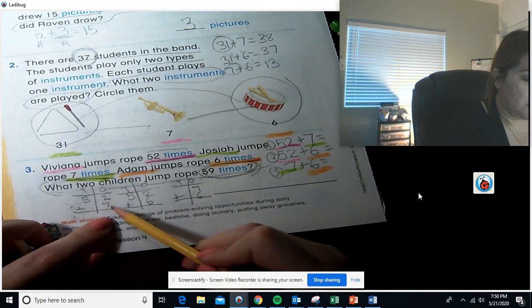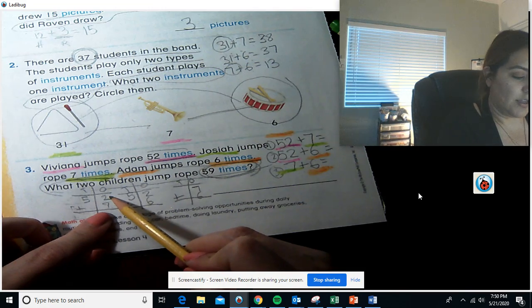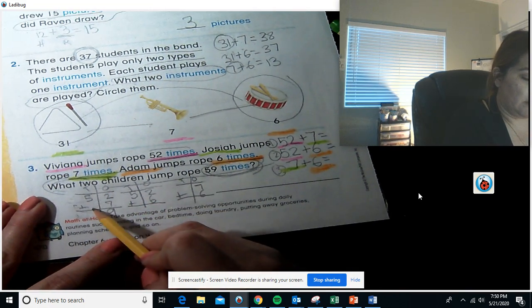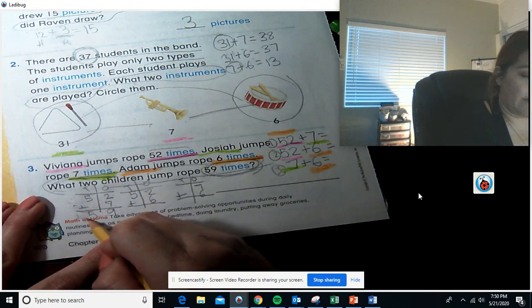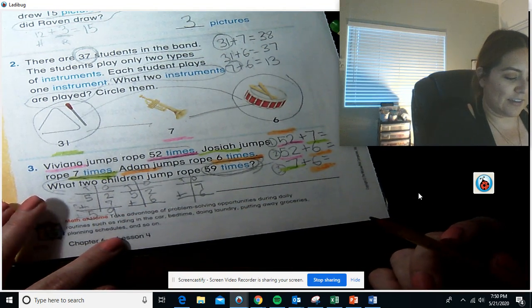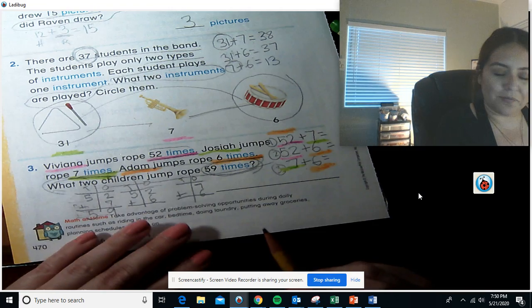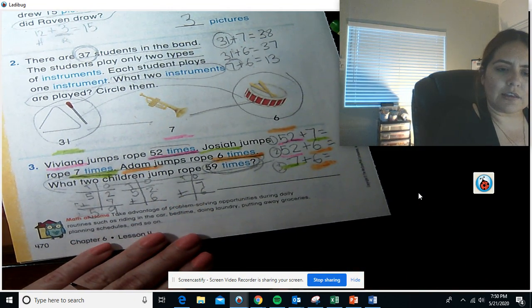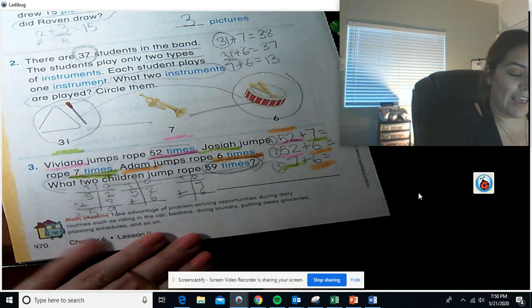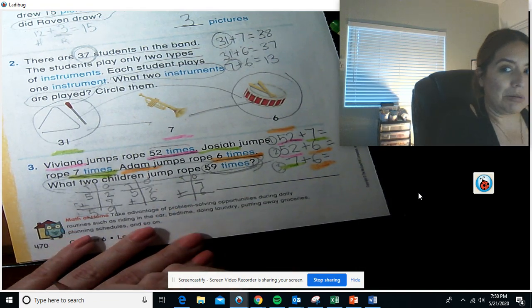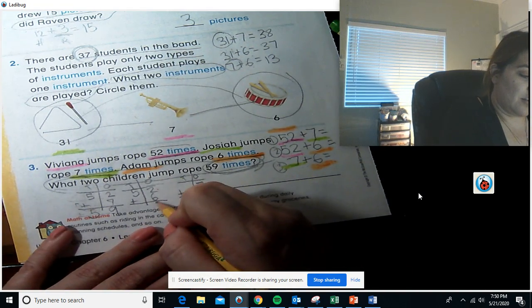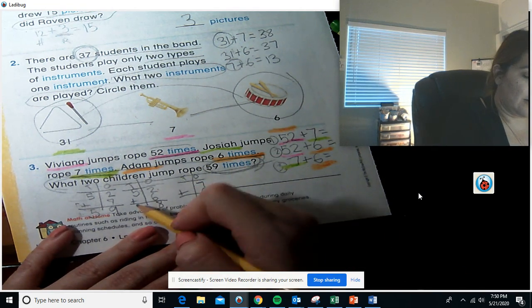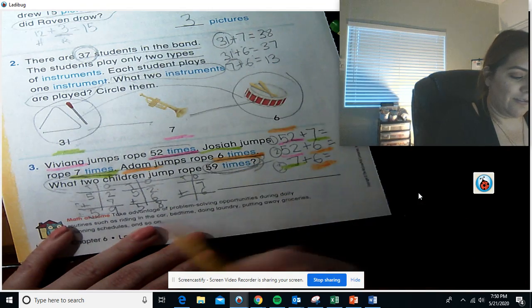Okay, 7 plus 2 is 9. 5 plus 0 is 5. 59. Let's check the others just for fun. 6 plus 2 is, tell me, 8. 5 plus 0 is 5. 58.